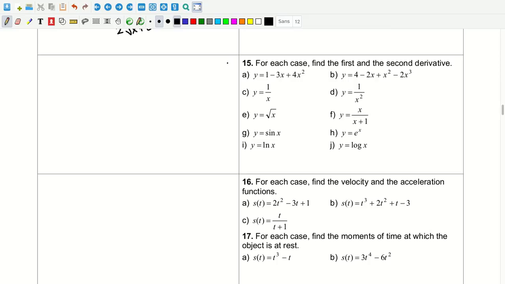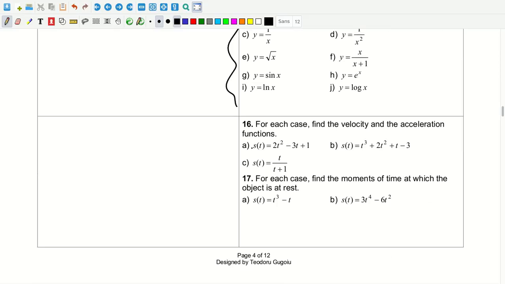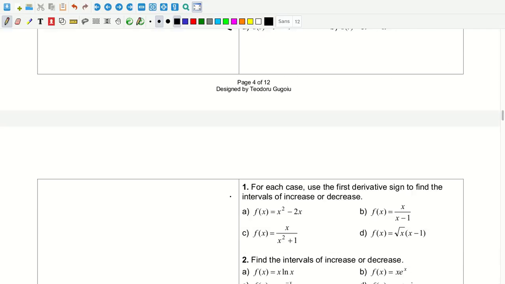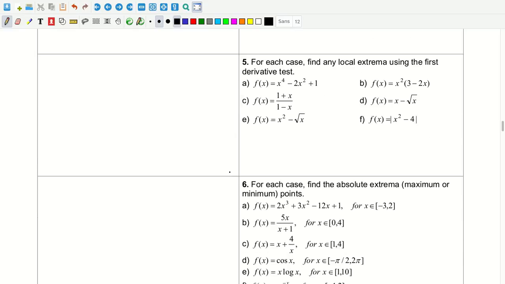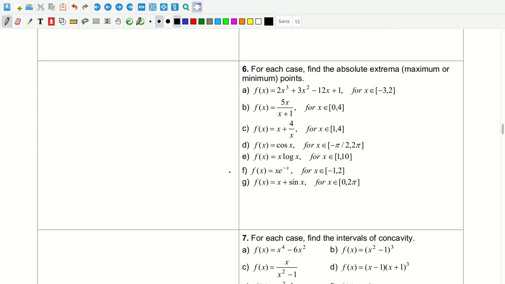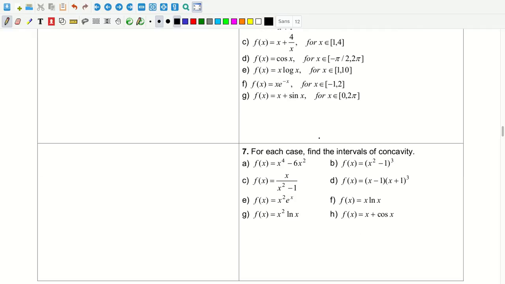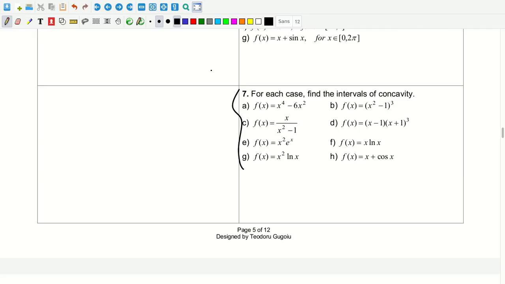Next up, it's going to be first and second derivatives, velocity, acceleration, critical values, critical points, right, where the derivative is 0, intervals of increase and decrease, which are so fun, local extrema, first derivative test, absolute extrema, so they give like intervals. Those are fun. Intervals of concavity, which deals with, if the double derivative is greater than 0, it's concave up.